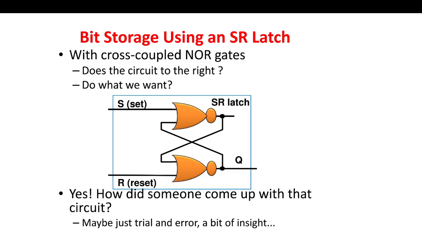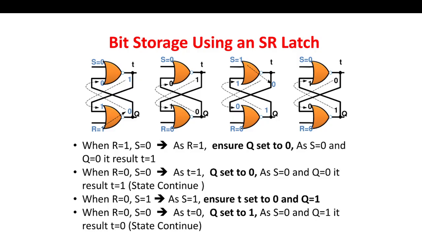So next we have a cross coupled NOR gate which can be used to store, and also set and reset the values. If we observe here, if we have R equal to 1, S equal to 0, this one here is a NOR gate. So the NOR gate truth table: this will be 1 and the rest of the bits 0.